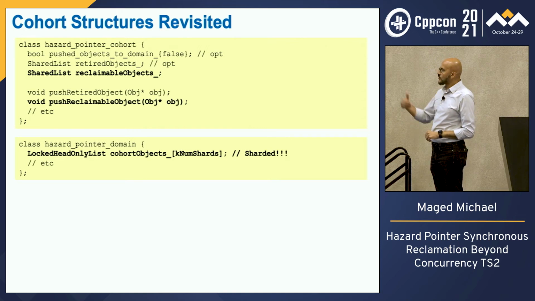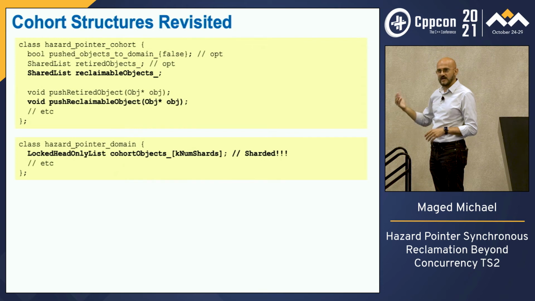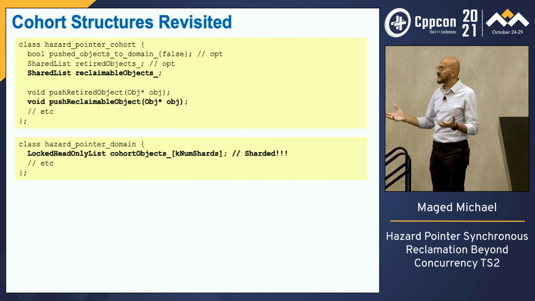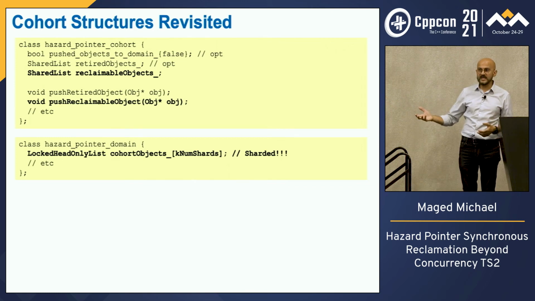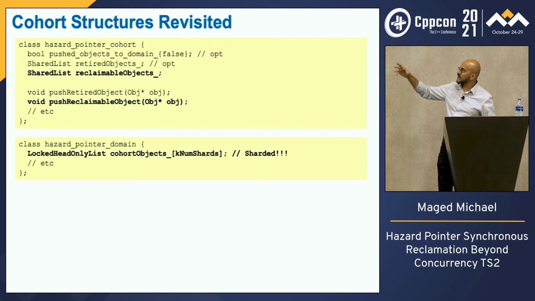And we'll provide a mechanism for the domain, like push reclaimable objects. This is internal, not exposed to higher level users. On the other hand, we will be able to shard the list in the domain, and I'll show how we do that in the next slide. So we have a list in the cohort itself, and now we can shard the list in the domain.